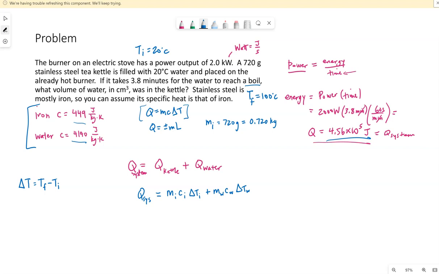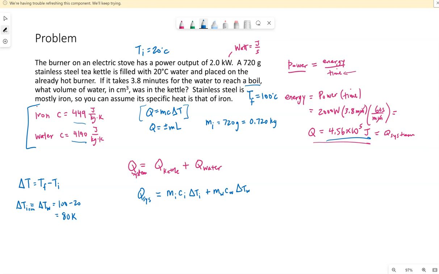They both start at 20 degrees Celsius. And so delta T for iron is the same as delta T for water, which is 100 minus 20, so 80 degrees Celsius, or 80 Kelvin. That change, delta T, is the same whether we're talking Celsius or Kelvin.